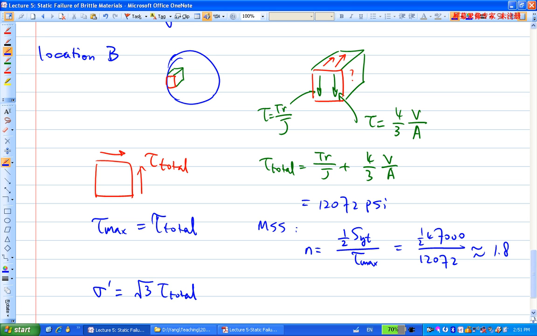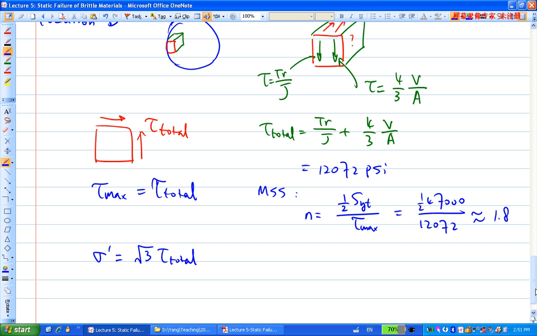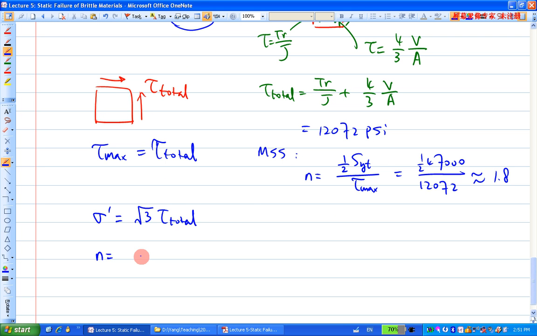So that's your sigma prime. Then the safety factor is SY over the square root of 3 times tau total.